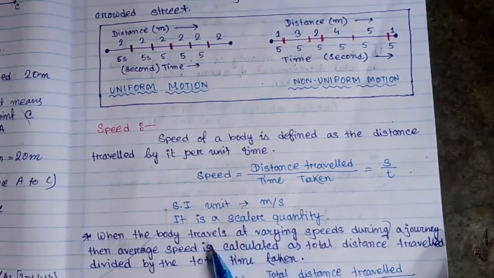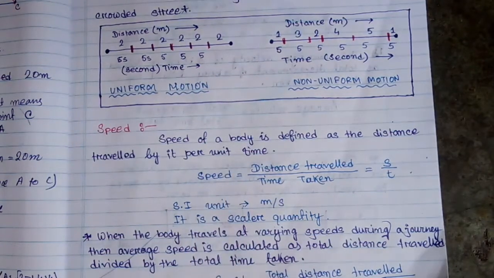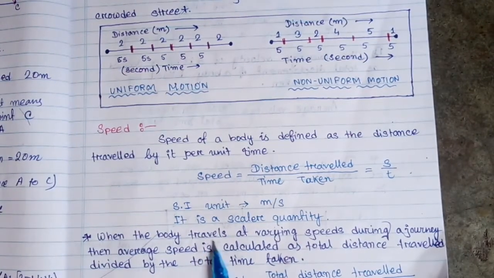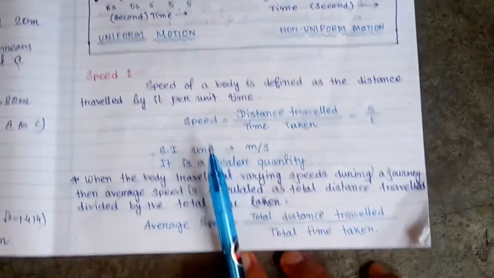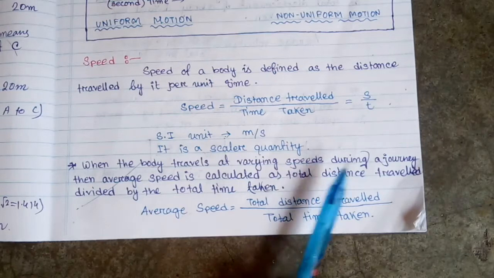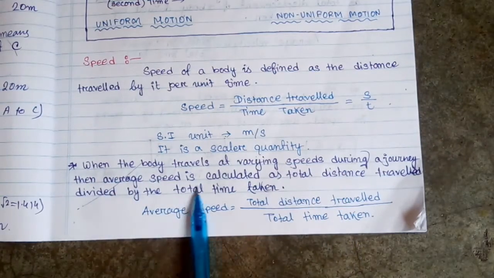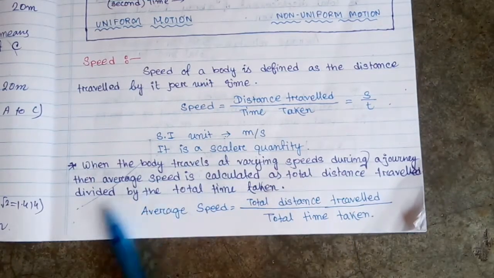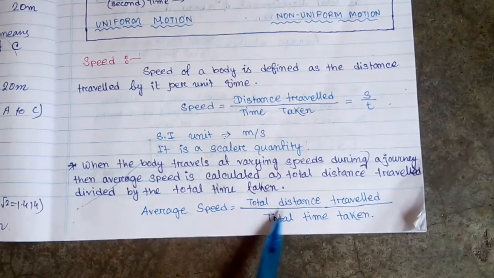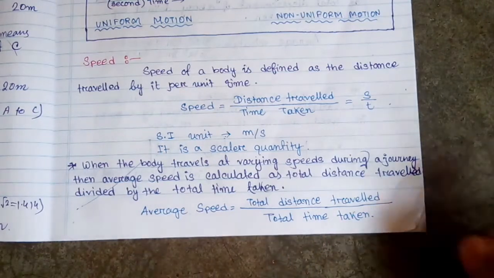It is a scalar quantity, as distance is a scalar quantity and time is also a scalar quantity. When the body travels at a varying speed during a journey, average speed is calculated as total distance traveled divided by the total time. So average speed is total distance traveled by total time.